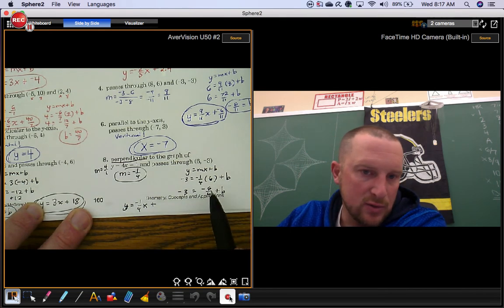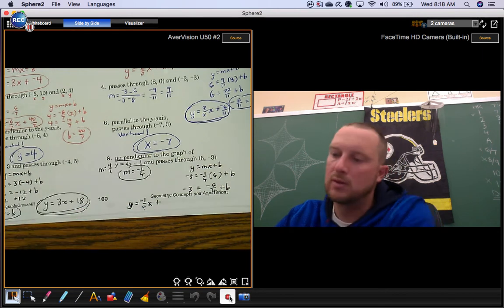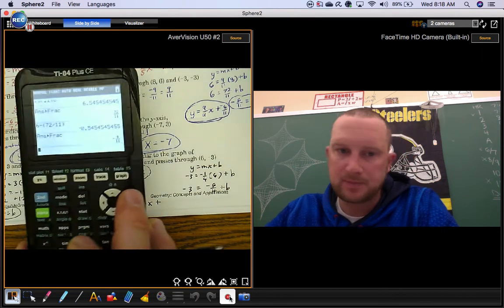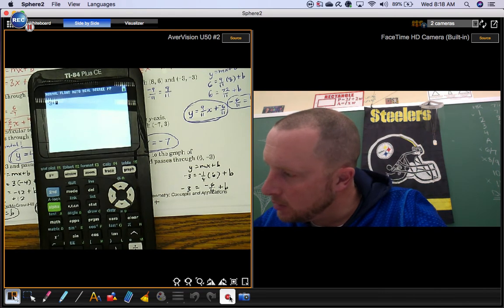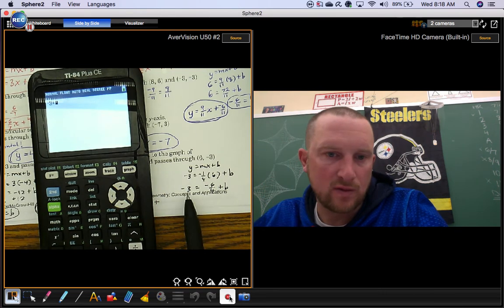I know this isn't reduced, but negative 1/4 times 6 is negative 6/4. I'm going to add that to negative 3. I'll use my calculator. Negative 3 plus, that's 6/4 that's coming over.